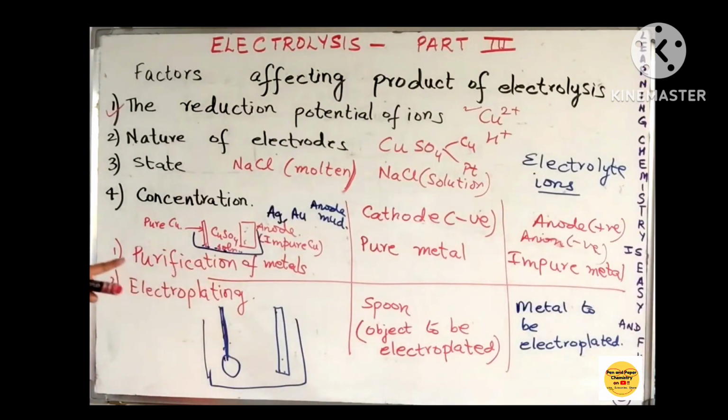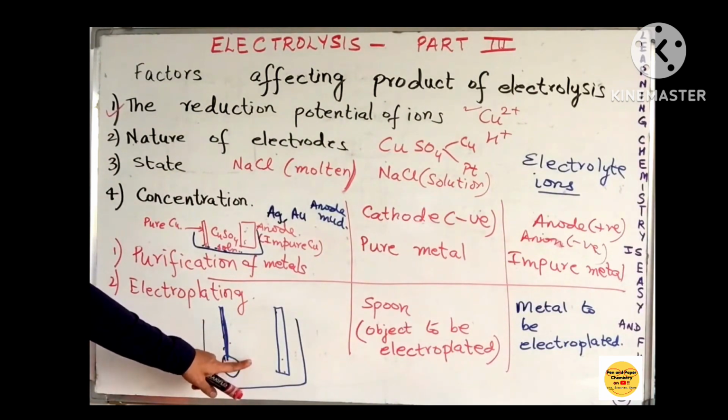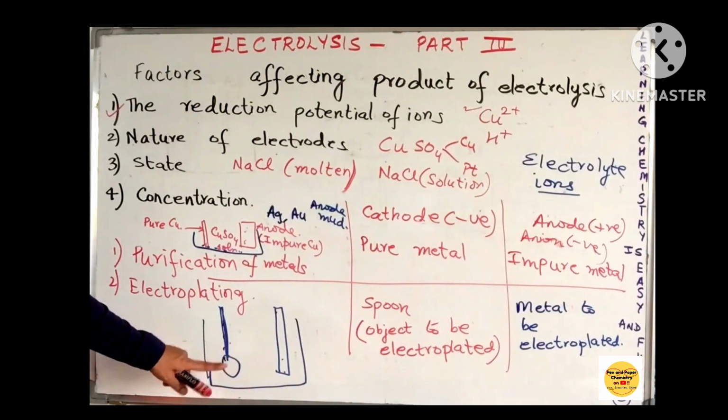So when we are talking about copper sulphate solution using copper electrodes, if you notice, we have copper ions in the solution. Same way for electroplating, we have a solution containing silver ions, right? The electrolyte should have the ions of the metal to be electroplated.